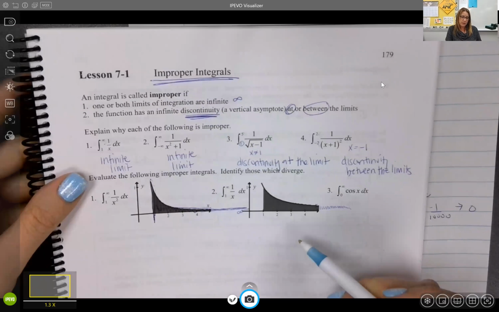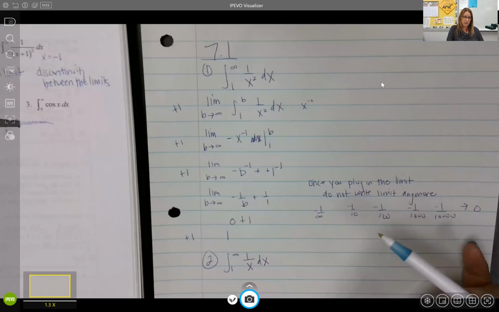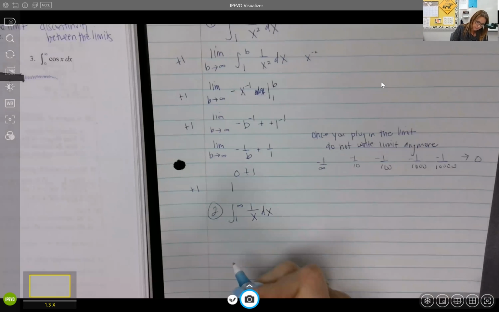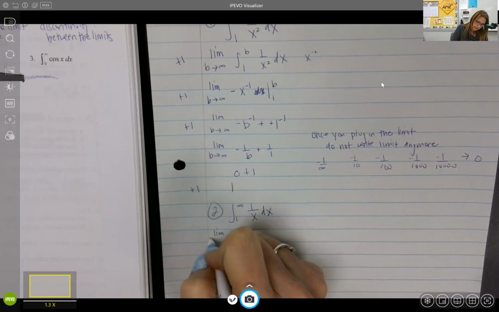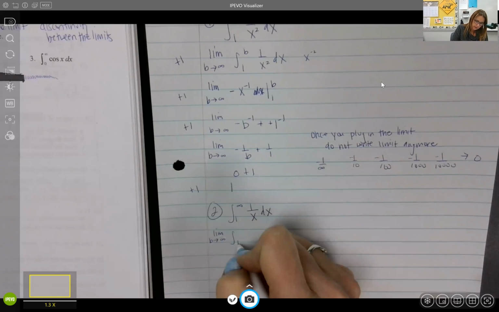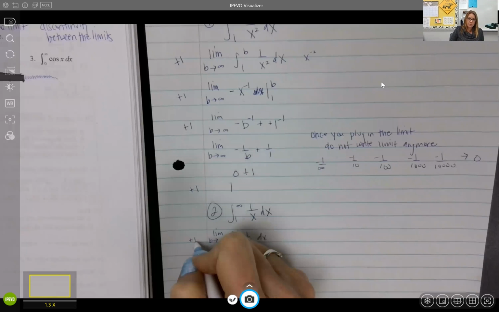So we are going to evaluate it and see if we can do that or if it diverges. Okay, so here, first step. b is going to go to infinity, 1 to b. Okay, there's our first step.